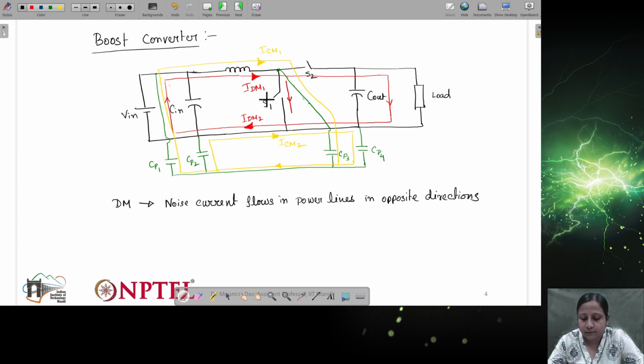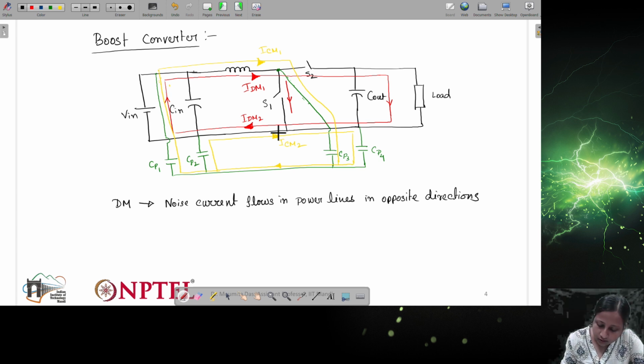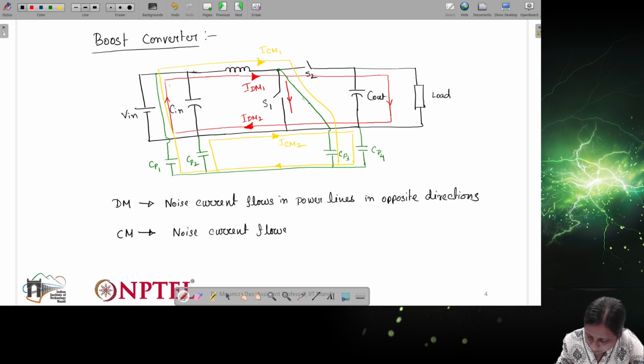That you can already see: IDM1 and IDM2 are in opposite directions. And for CM, we can say noise current flows in power lines in the same direction.